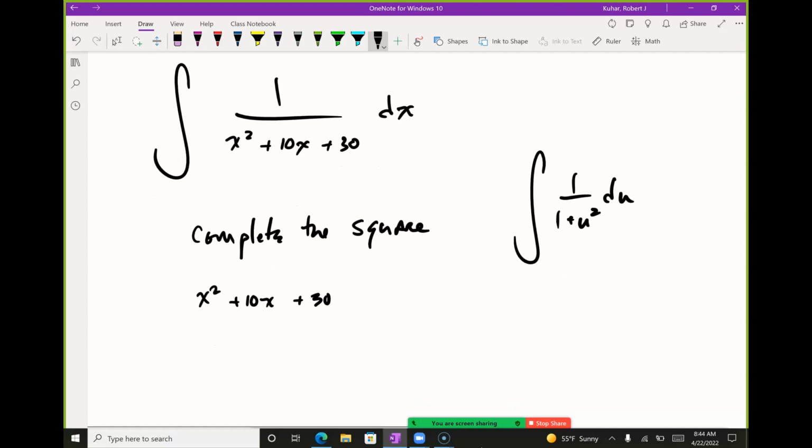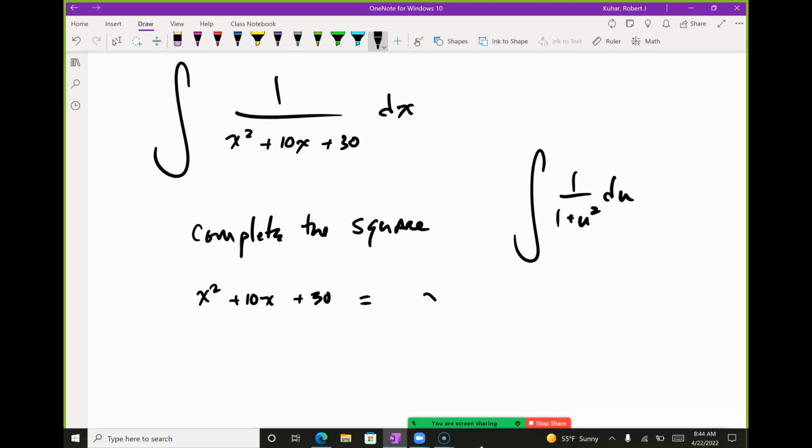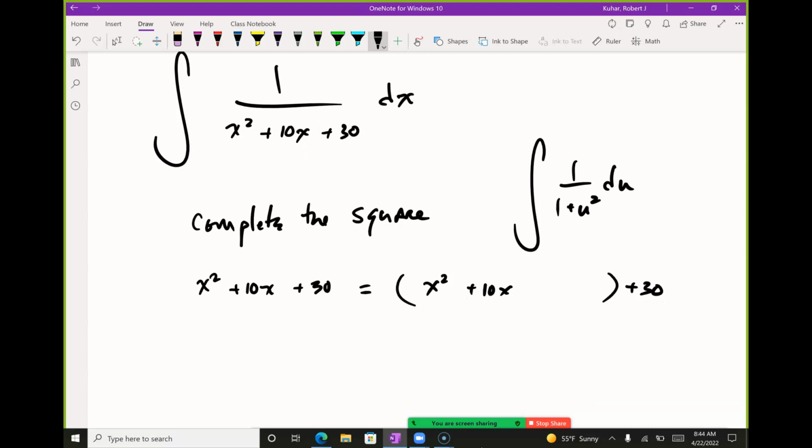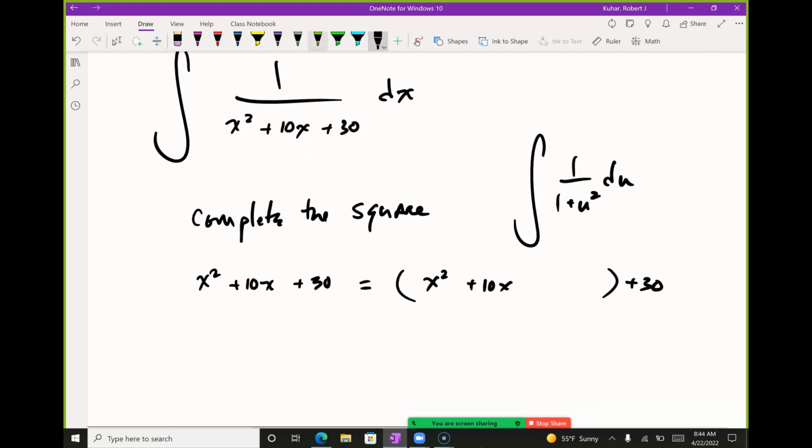But what I do is I like to group my x squared term and my x term in the paren and leave the constant out. I want to make sure my leading coefficient of x squared is positive 1. If it's not, I have to factor it out, and we'll do one like that today. So now I've found the value of k. I say k is the coefficient of x.